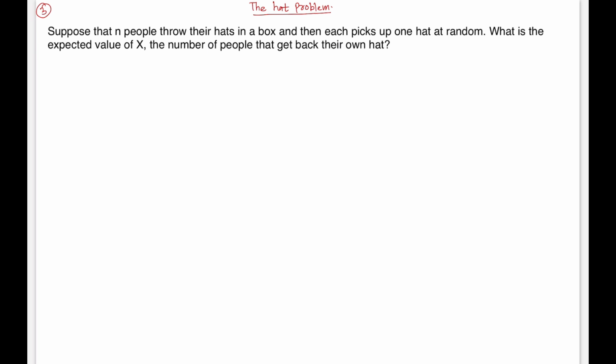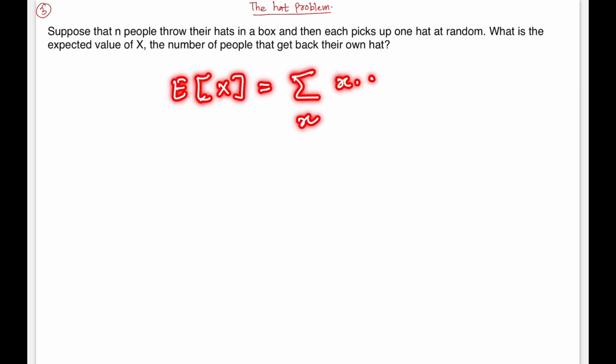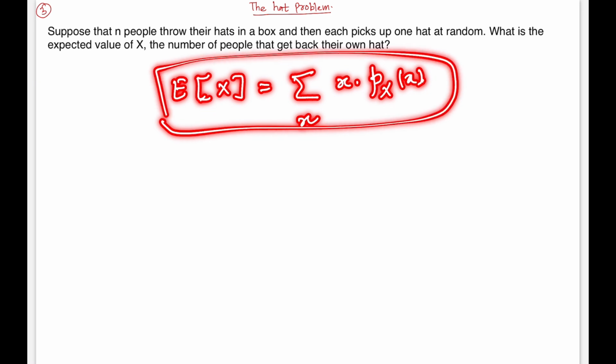So first of all, to find the expected value of this random variable X, we would have to know its PMF if we want to go the formula way, right? So what's the expected value of this random variable X? That is summation over x of x times the PMF of this random variable X, right?